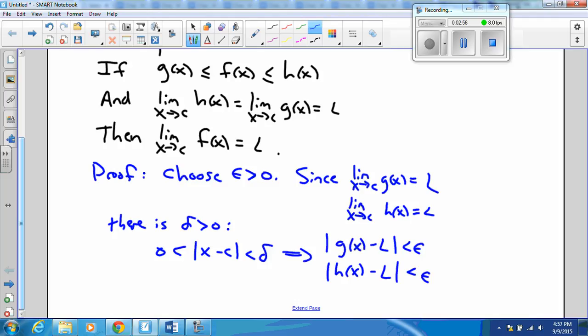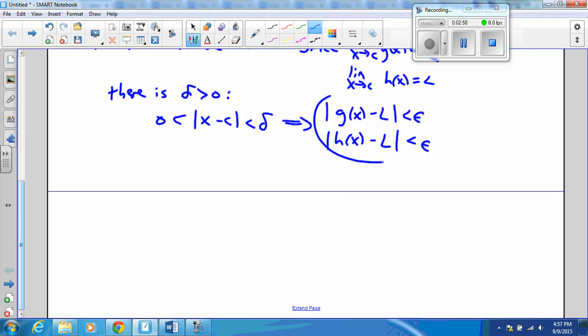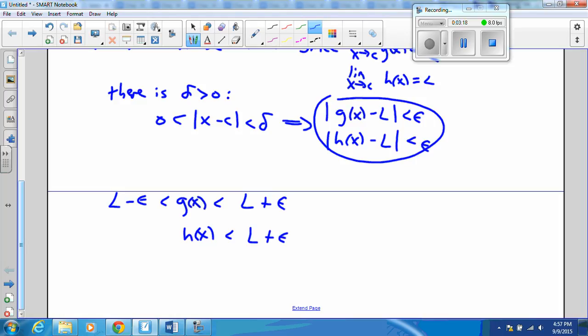Now I'd like to examine what these inequalities are saying geometrically. What they're saying is that g of x is in the neighborhood defined by L minus e to L plus e. And likewise, h of x is in the neighborhood defined by L minus e to L plus e.